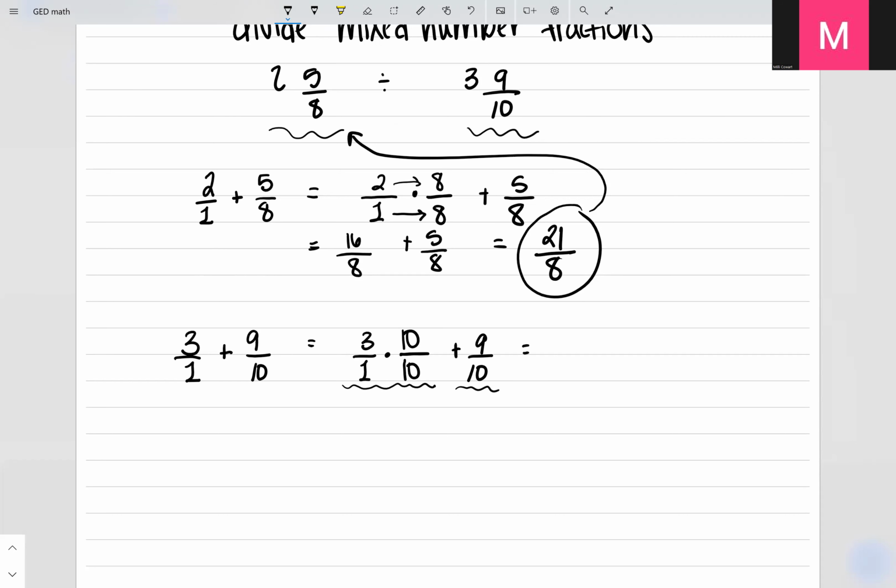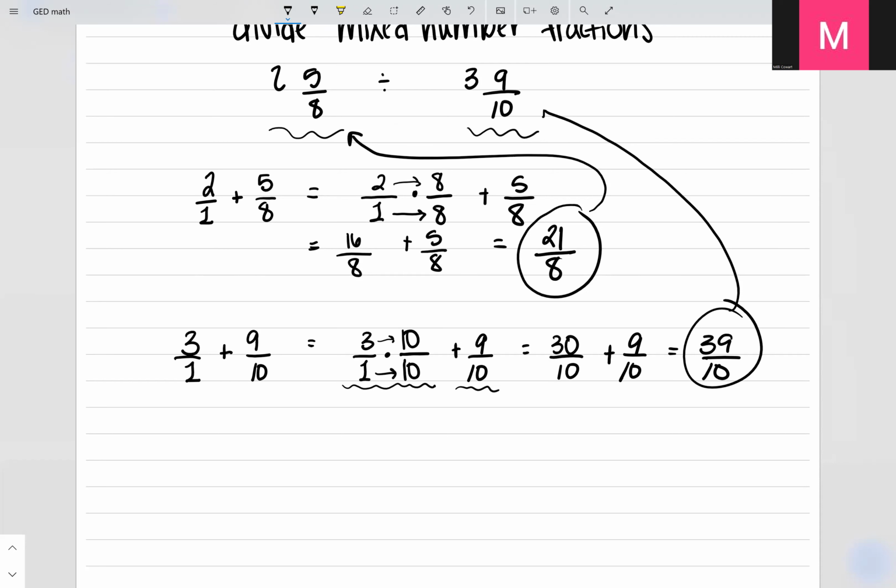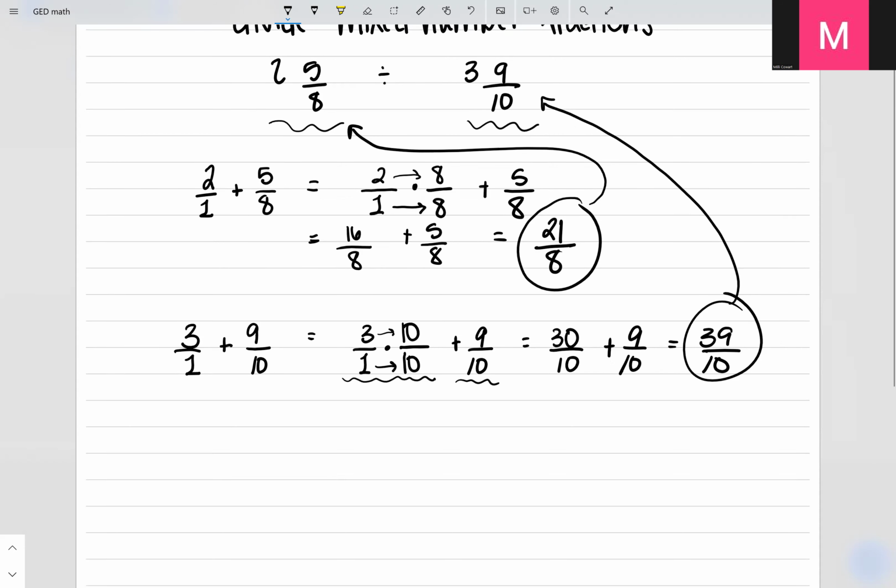And this is going to equal 3 times 10 is 30, and 1 times 10 is 10, plus 9/10. And this is going to equal 39/10. Circle that one, bring it back up there, so we know where it goes.